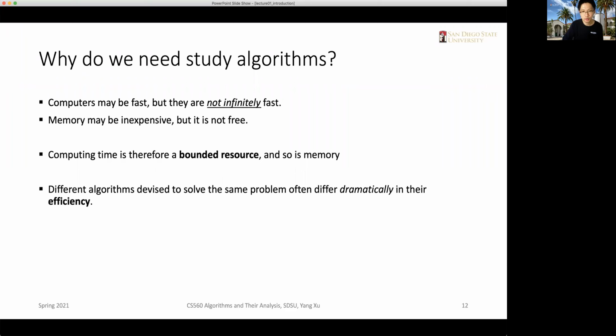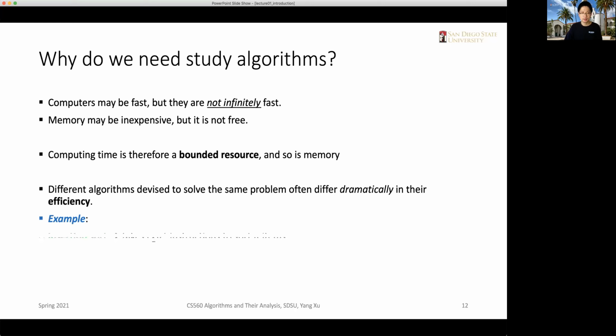So we'll look at an example to show, to solve one problem, if we have a good algorithm versus a bad algorithm, how much difference there can be given the different designs of the algorithms.